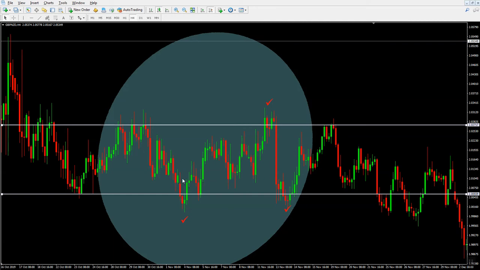However, when we look slightly more closely, we'd see that price doesn't exactly get to the areas that it was intended to.